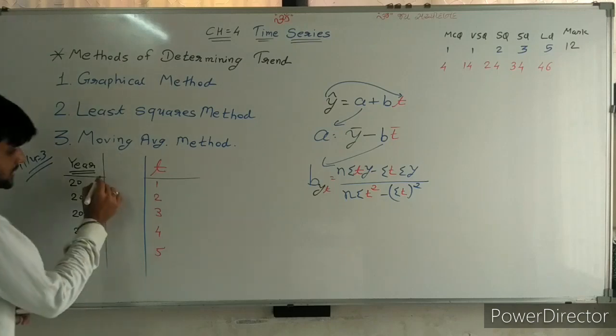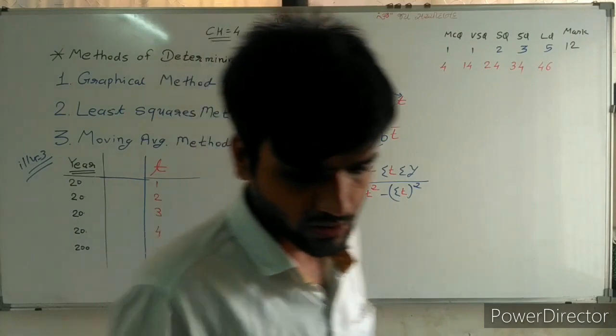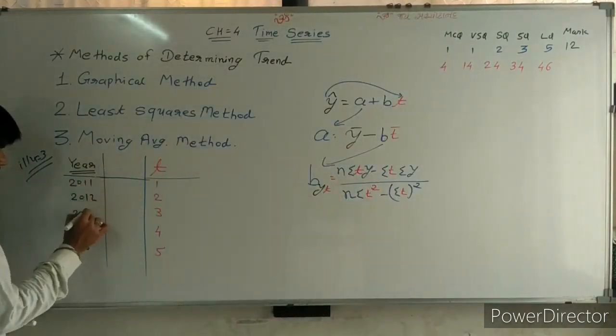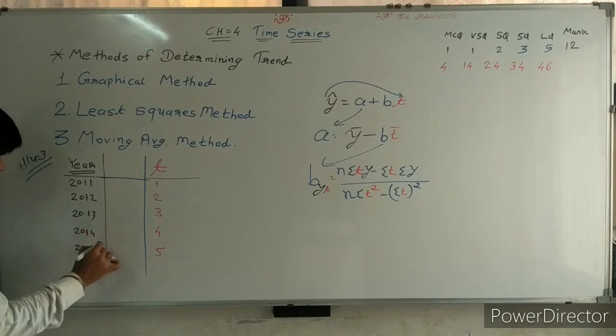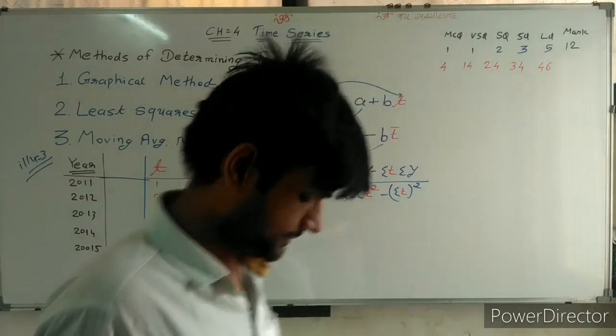The years given are 11, 12, 13, 14, 15. Against them, profit is given.